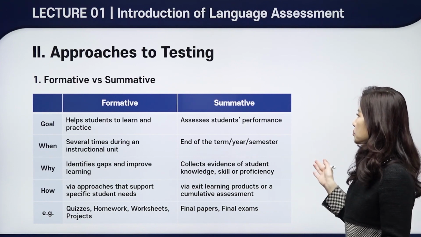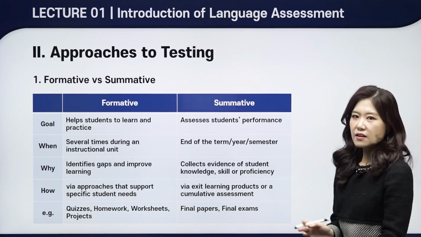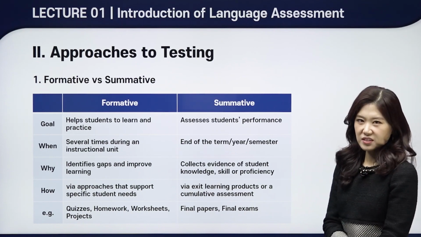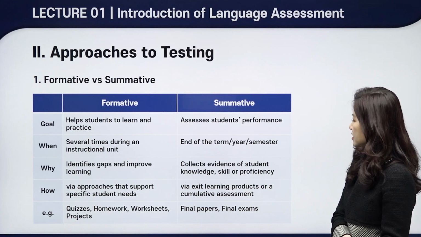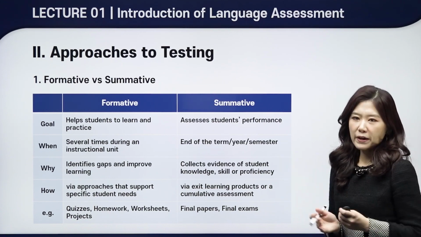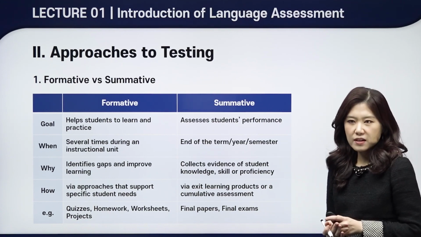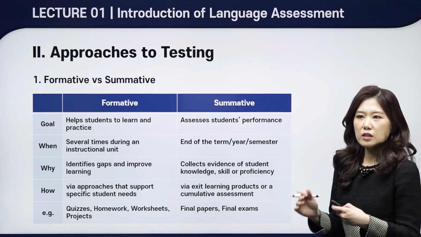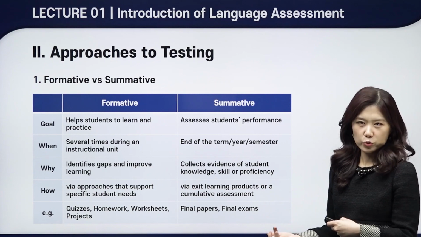And how do we administer summative tests? Via exit learning products or cumulative assessment. Okay, so some examples would be final papers, final exams to make sure that students accomplished the objectives of the particular course.